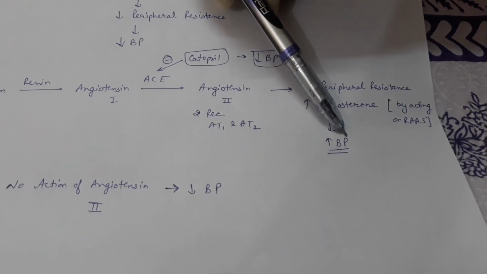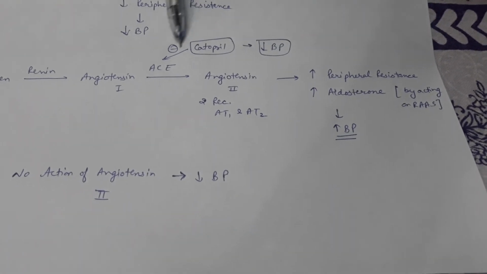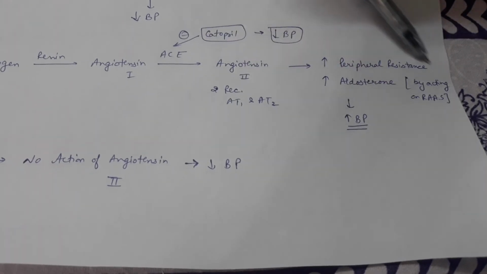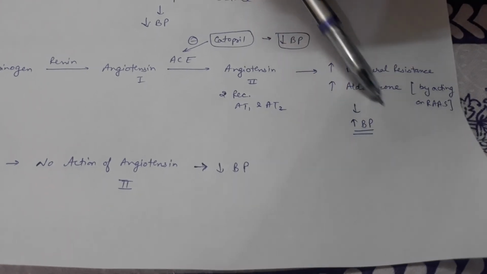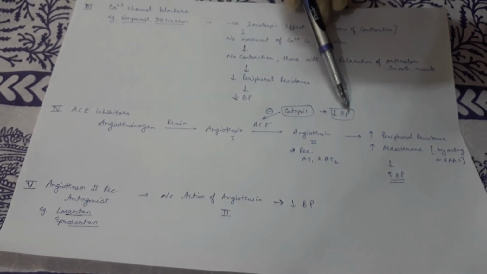By doing this, it increases the blood pressure. So if we give the drug captopril, it will act on the ACE, inhibit the ACE activity, and all these steps will stop. The normal cycle was increasing the blood pressure; by giving this drug, it decreases the blood pressure.